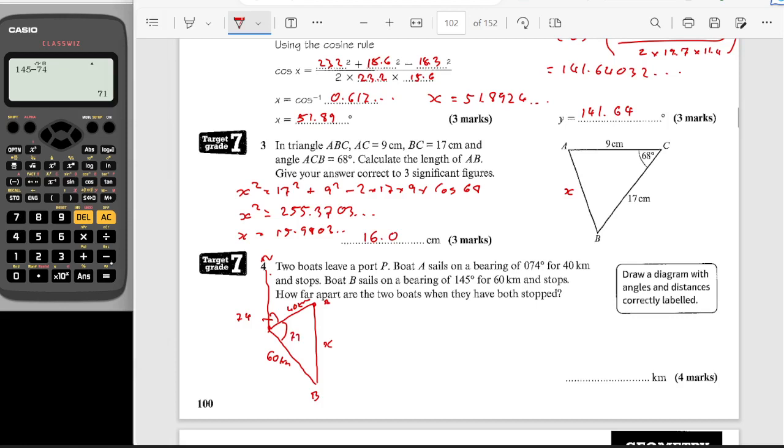And then that tells us we're using the cosine rule. 3 sides and an angle. So x squared is going to be equal to 60 squared plus 40 squared minus 2 lots of 60 times 40 times by cos of 71.